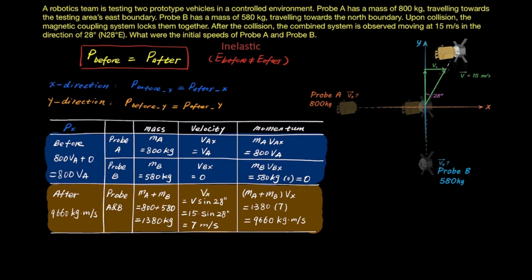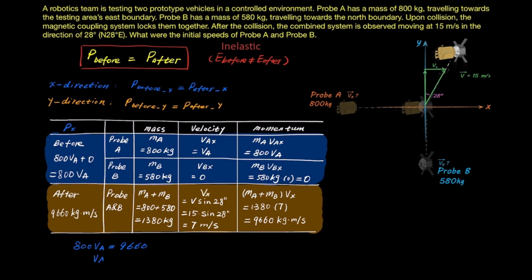Now we have all the pieces we need for the x direction equation. We apply the law of momentum conservation in the x direction. The total momentum before the collision, 800 multiplied by VA, must equal the total momentum after the collision, which was calculated as 9660 kilograms meter per second.